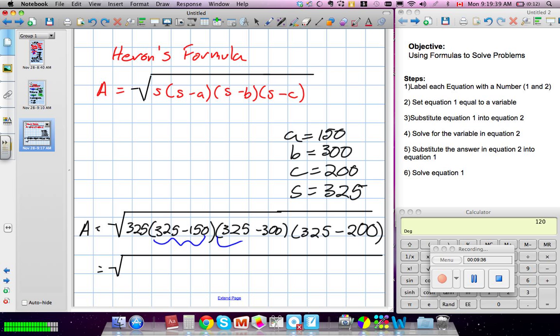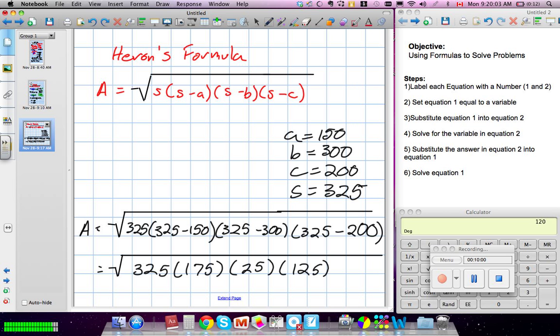So we get 325 multiplied by 175 multiplied by 25 multiplied by 125.